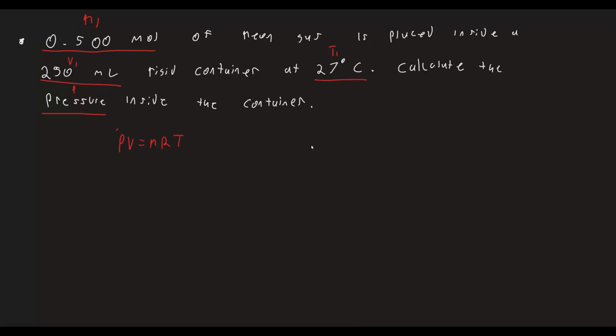And in this equation, we are looking for P, so it becomes P equals nRT divided by V. We also need to know R, which is our ideal gas constant of 0.08206 liters atmospheres per mole Kelvin.